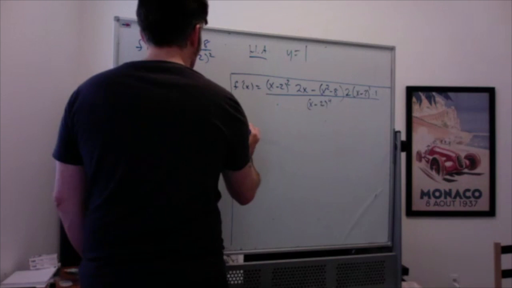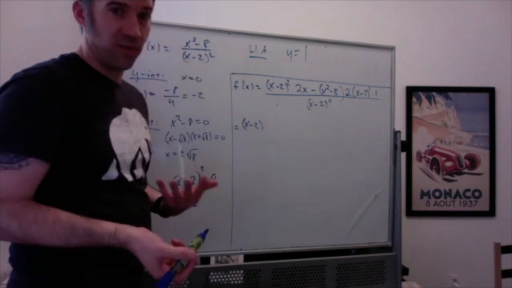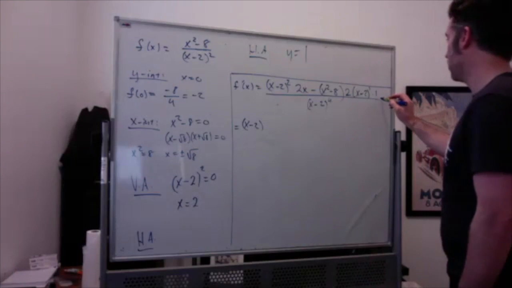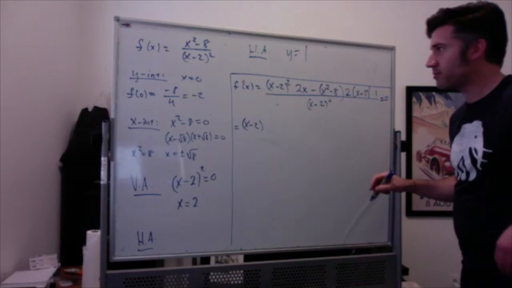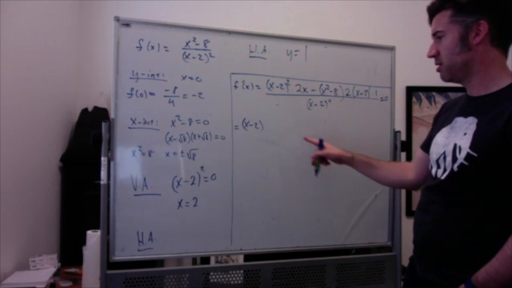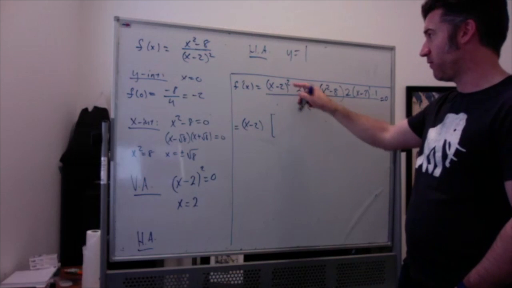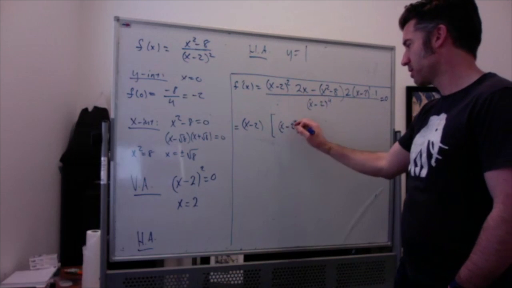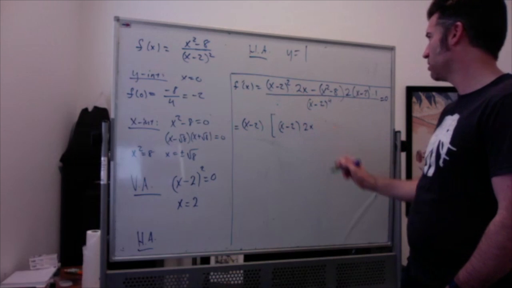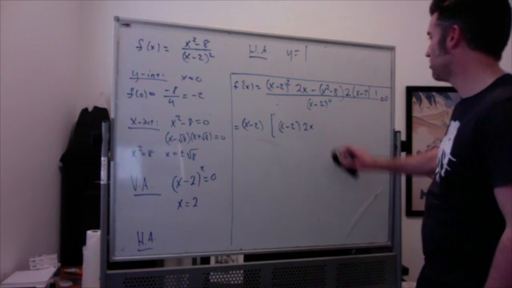So let's see what I've got here. I factor out an x minus 2. And it's really important, because we're trying to solve this equal to 0 or undefined. Okay, so I factor out an x minus 2. I'm left with an x minus 2 to the first times a 2x. I probably could have also factored out a 2. Let's factor out a 2 as well.